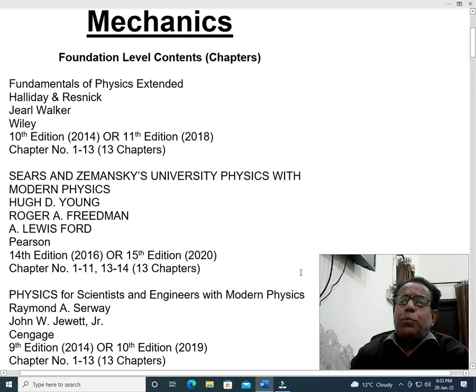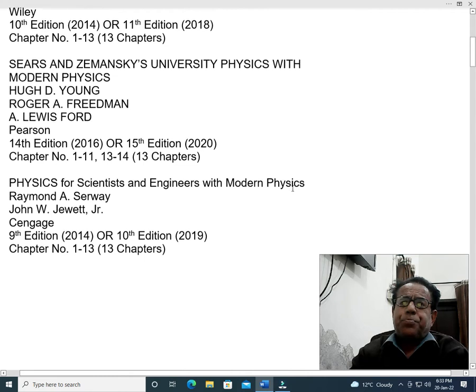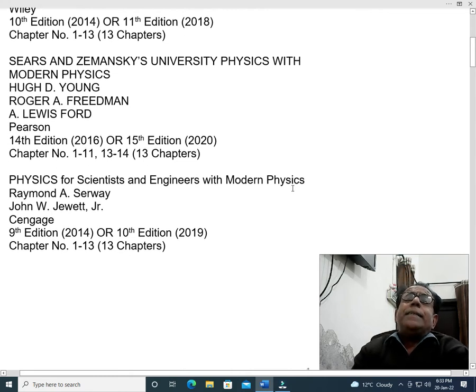Now we come towards the second general physics book, which is under the title Sears and Zemansky's University Physics with Modern Physics. Its authors are Hugh D. Young, Roger A. Freedman, A. Lewis Ford. Its publisher is Pearson and its 14th edition 2016 or 15th edition 2020 will be followed. Here we will study 13 chapters.